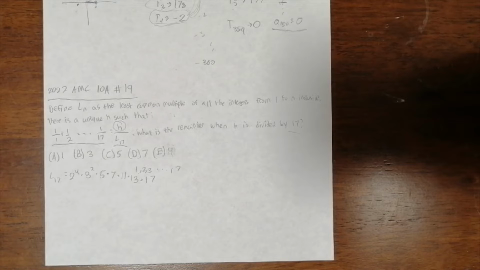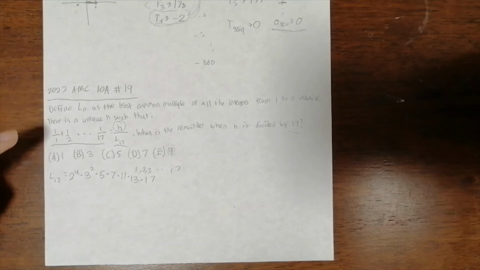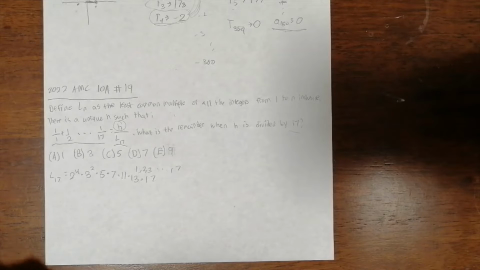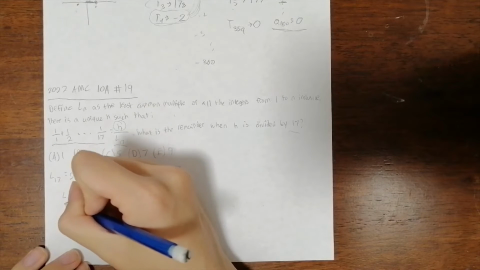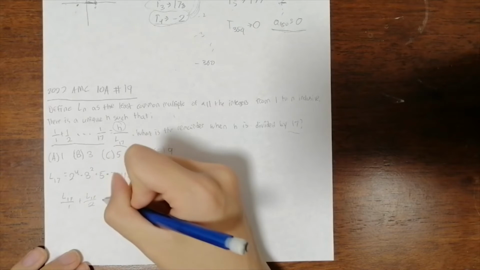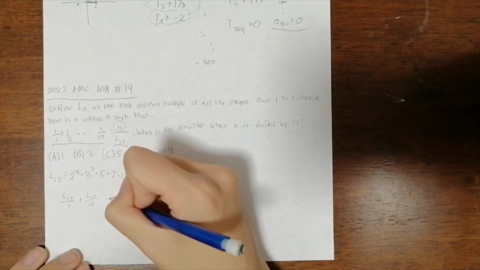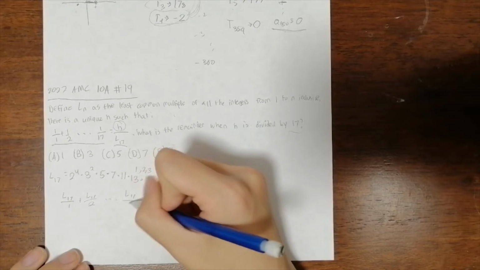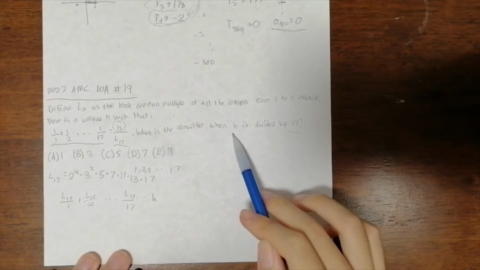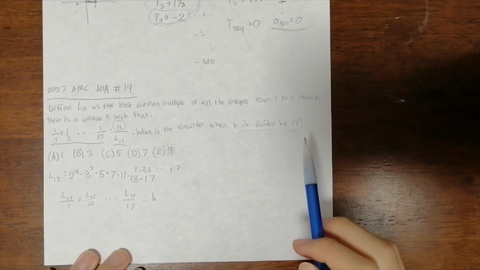Actually, what we can do is just multiply both sides by L sub 17. So we're going to have L sub 17 over 1 plus L sub 17 over 2 all the way to L sub 17 over 17 equals h. And we want to find h mod 17.